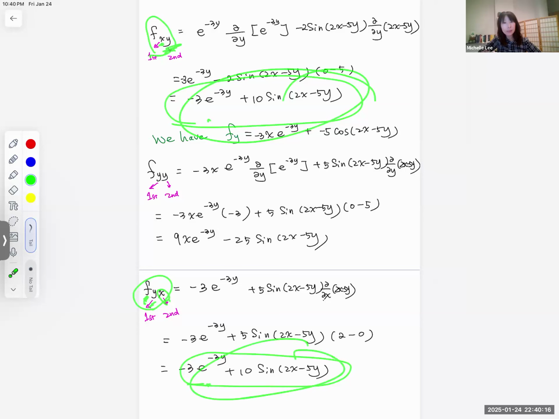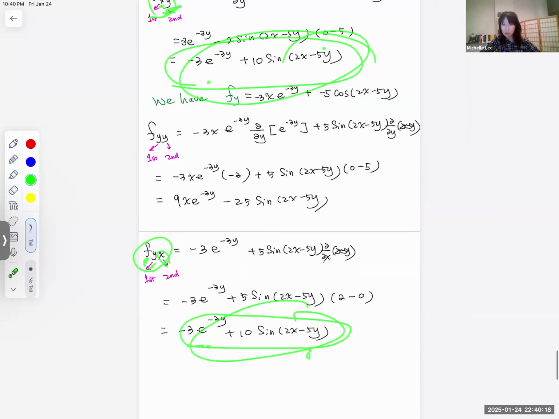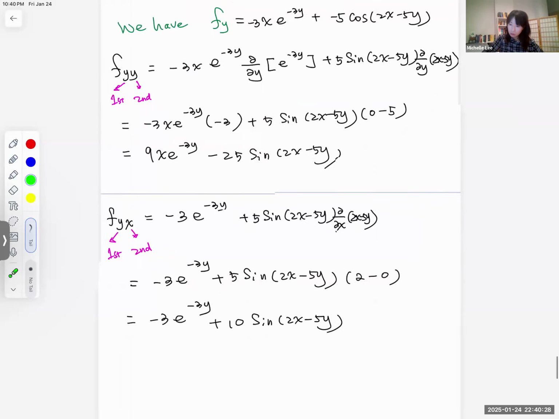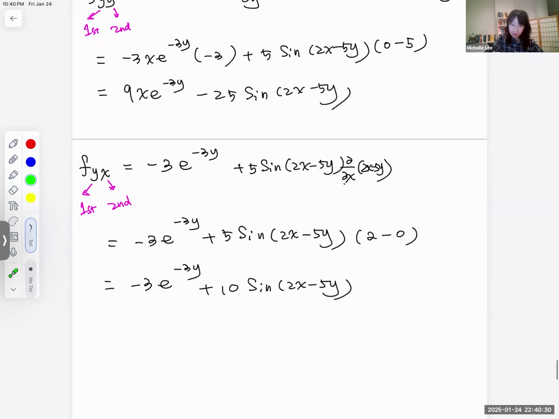This and this, same. Okay, we conclude. We say that, note: partial derivative respect to x, then y, same as a partial derivative respect to y, then x.